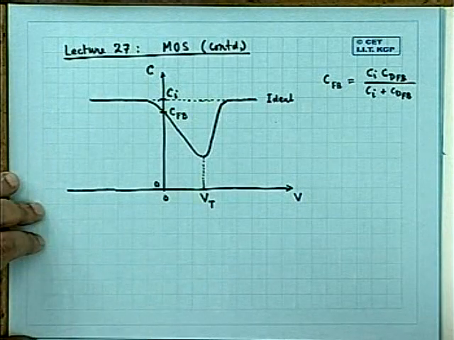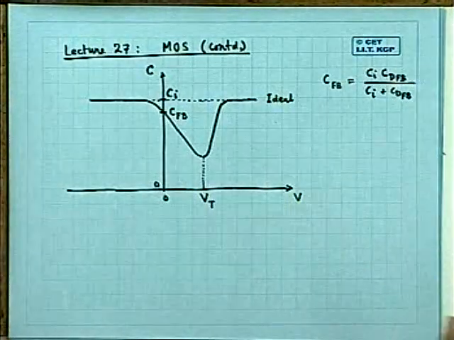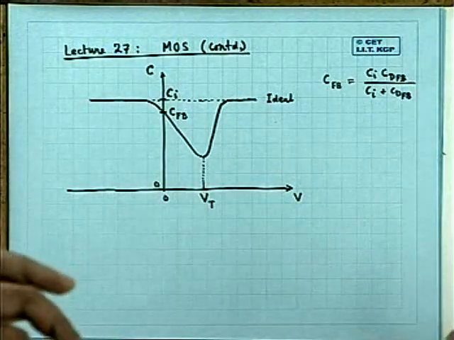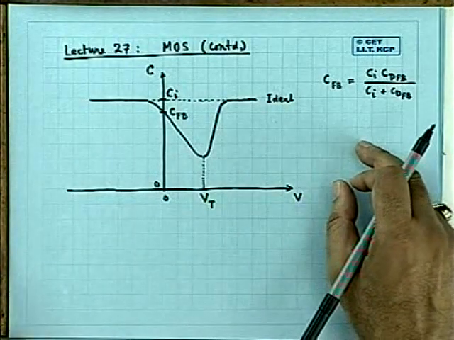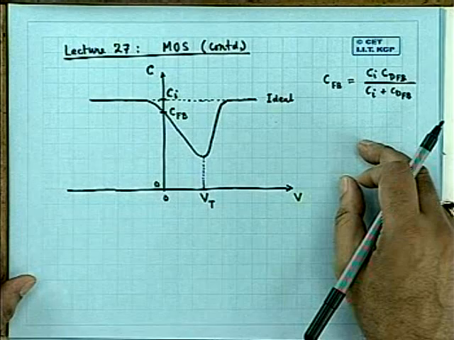Now, this is an ideal curve obtained from theoretical derivations. Here, two things have been idealized. I have assumed that the flat band voltage is 0. That means the flat band approximation has been applied. And second, the effect of interface states, the interface charge, has been ignored.